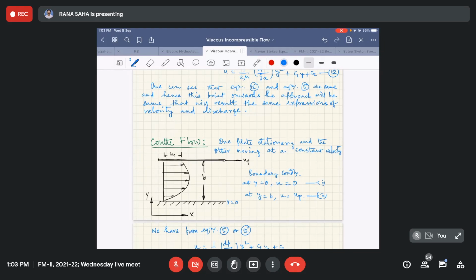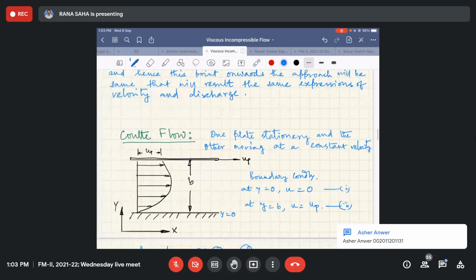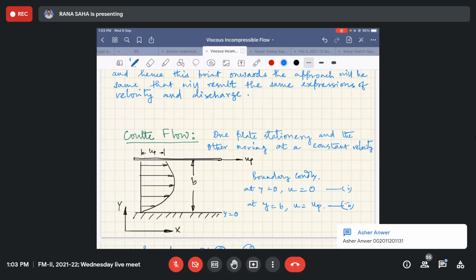Again, if we look into the Navier-Stokes equation, it is basically the same application. Just one thing that changes is the boundary condition.